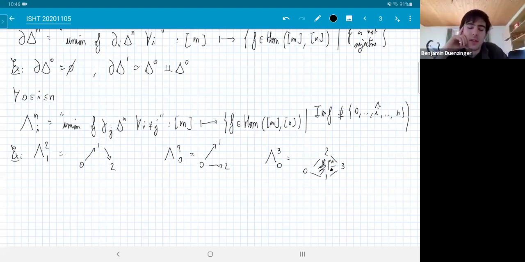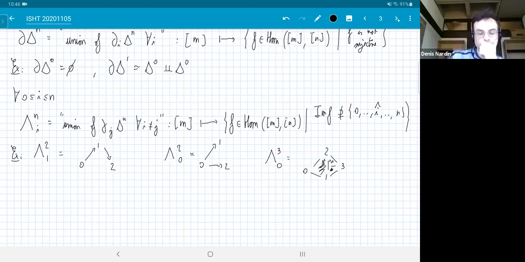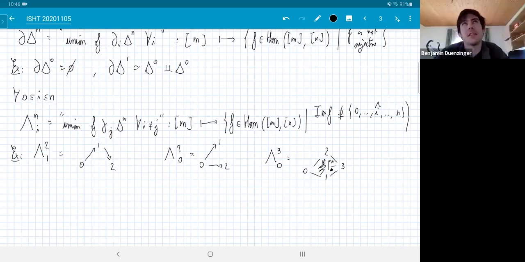And is it true that the category delta is a model for the category of simplices in top? It depends what you mean by a model. I mean, we are declaring it to be a model if you want. It's definitely not a fully faithful embedding, because you're taking only linear maps.